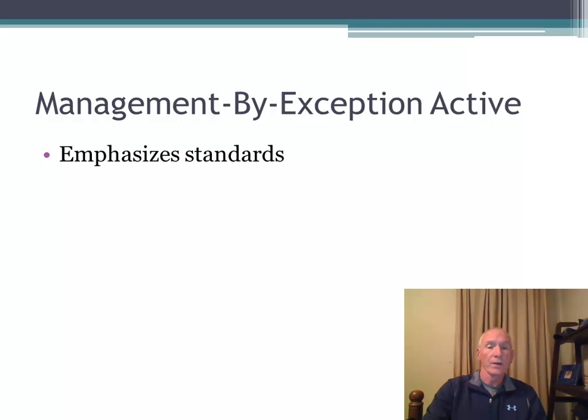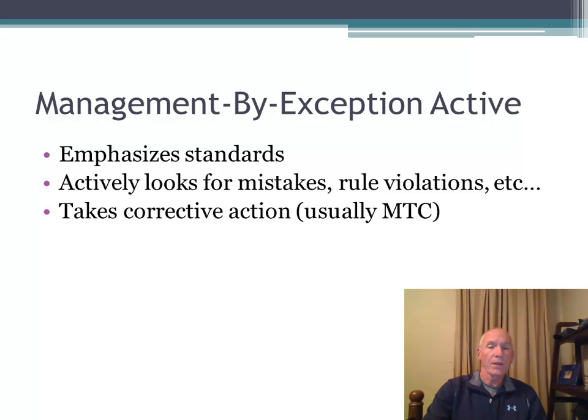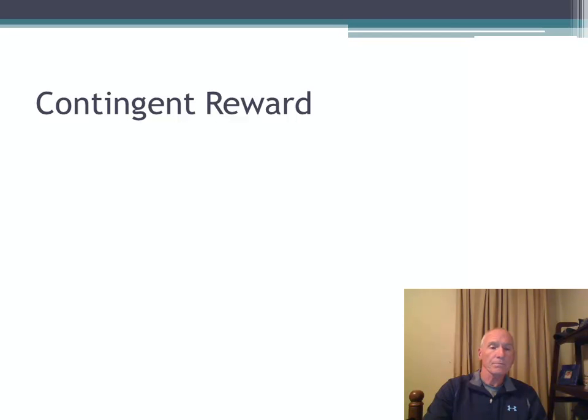They're continually assessing performance simply from the perspective of standards, rules, regulations, SOPs, things of that nature. And again, the leader actively looks for mistakes or rule violations. But again, the focus of the leader, although active, is simply on those things that aren't going well or that are perhaps contrary to rules and regulations. Typically, the leader takes corrective action, again, usually in the form of punishment or perhaps negative reinforcement.